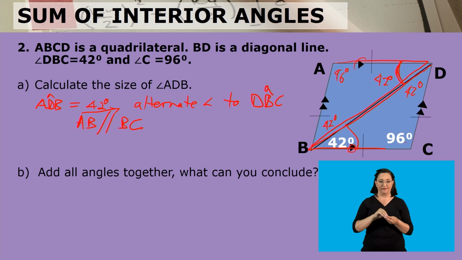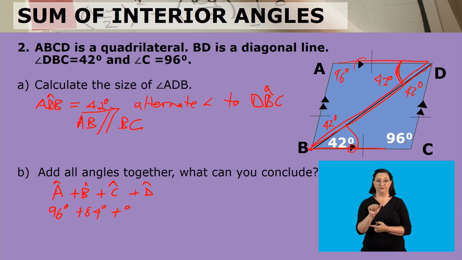So when we add the angles, which would be angle A plus angle B plus angle C plus angle D, the values would be 96 degrees plus 84 degrees plus 96 degrees plus 84 degrees. Then let's add them together. 96 plus 84 would give us 180.